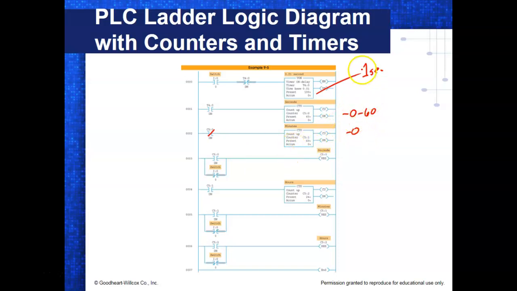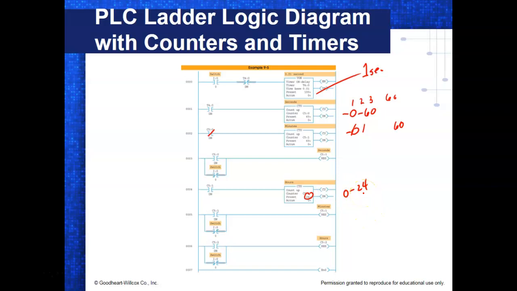So every second, this right here would go 1, then 2, then 3, 4, 5, then it got up to 60. Then this guy right here would go to 1, right? And it'd go 1, 2, 3, 4, 5, 6, and then when it gets up to 60, then it's going to count this one. This is set for 24 hours from 0 to 24.